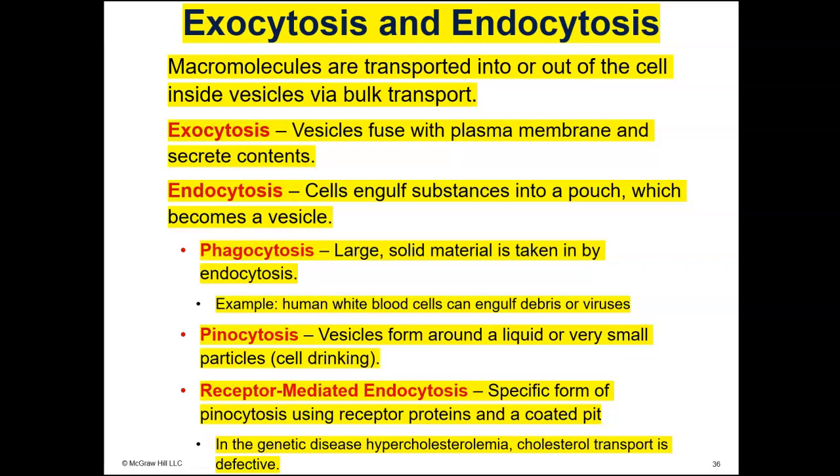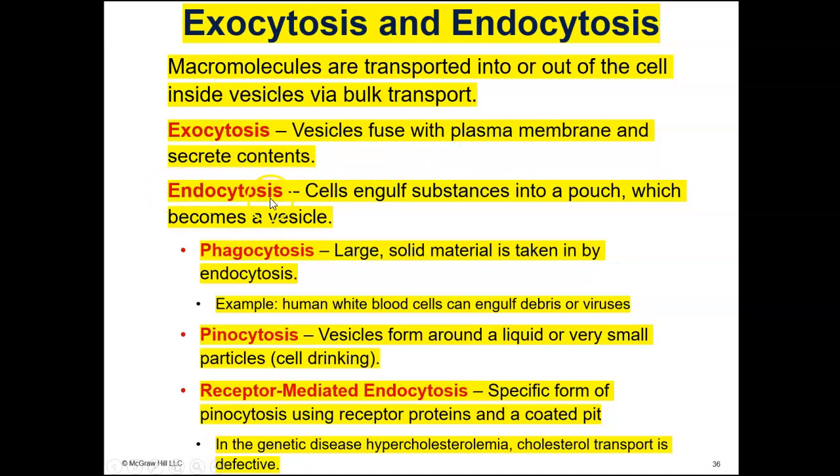One thing that's interesting about endocytosis and exocytosis is that they either involve removing part of the plasma membrane to form the vesicle, or adding to the plasma membrane when the vesicle fuses with it.